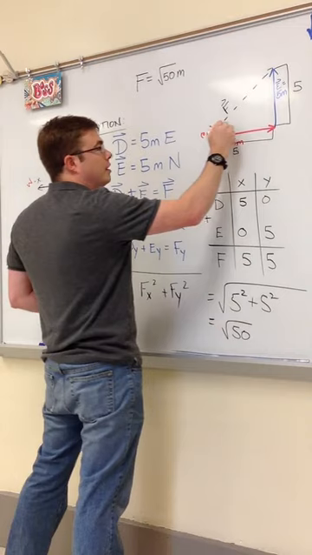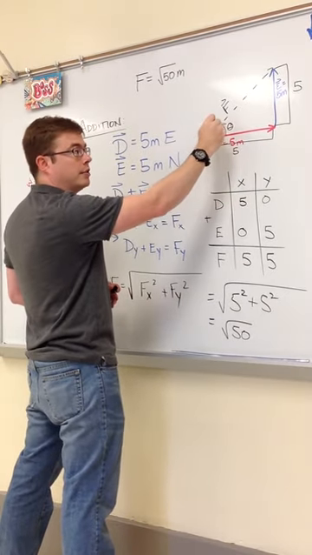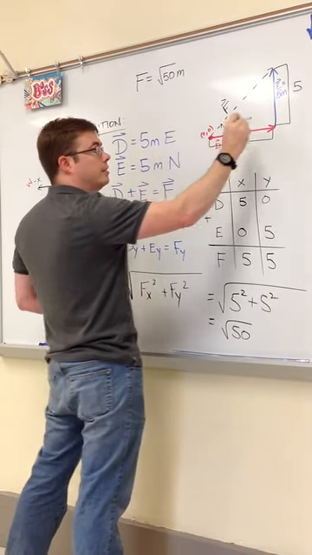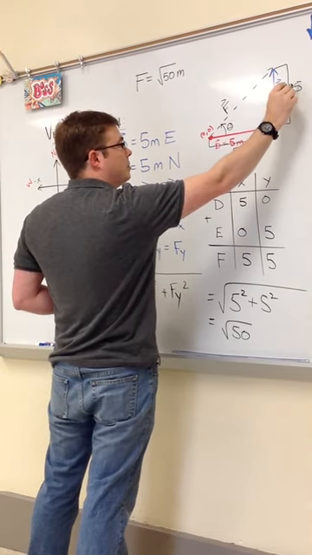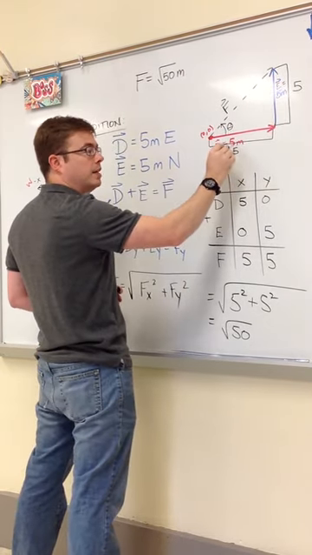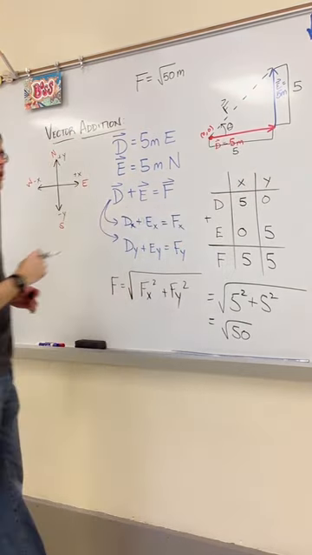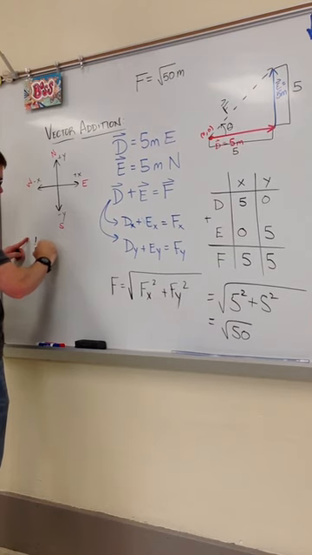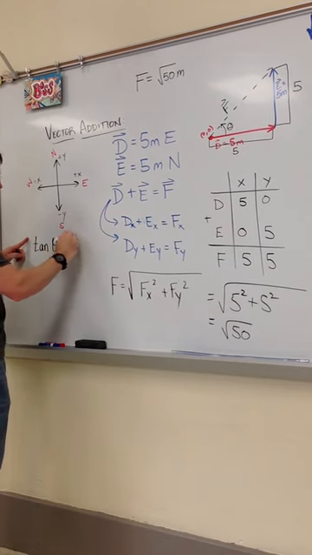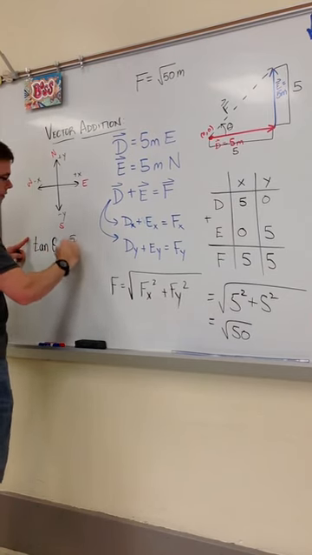You have this angle theta. Theta is a zero with a line through it. It's just a variable. To the angle theta, you have the opposite side and you have the adjacent side. Which trig function uses opposite and adjacent? It'd be the tangent. So the tangent of theta equals 5 over 5.